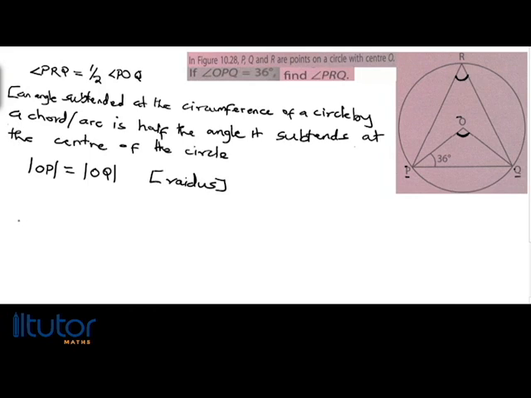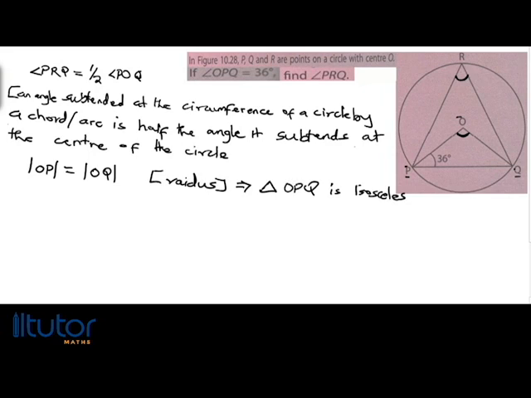Alright, so now since OP is equal to OQ, this implies that triangle OPQ is isosceles. An isosceles triangle is a triangle with two equal sides.